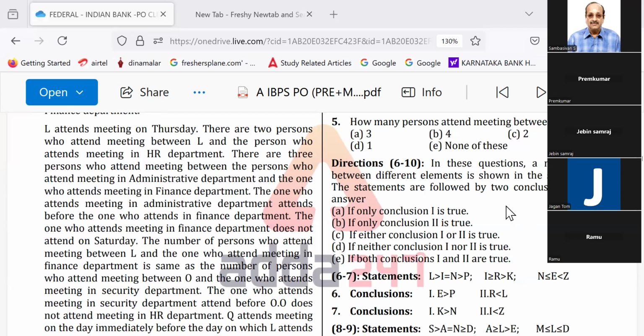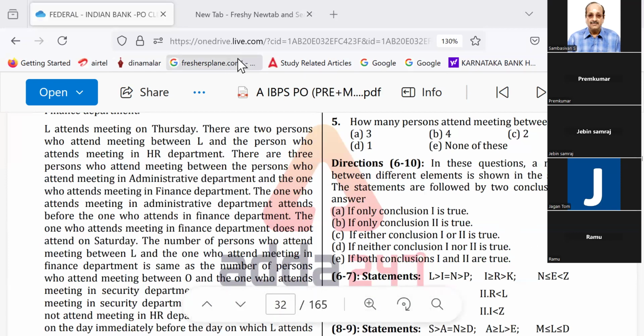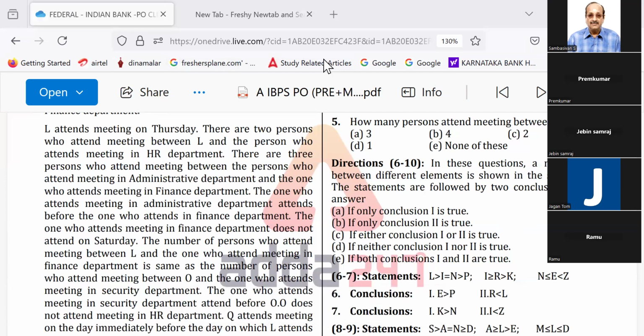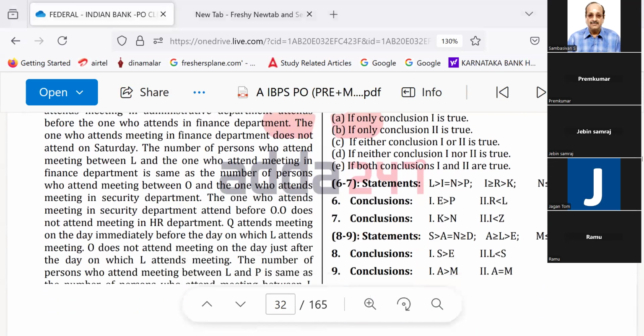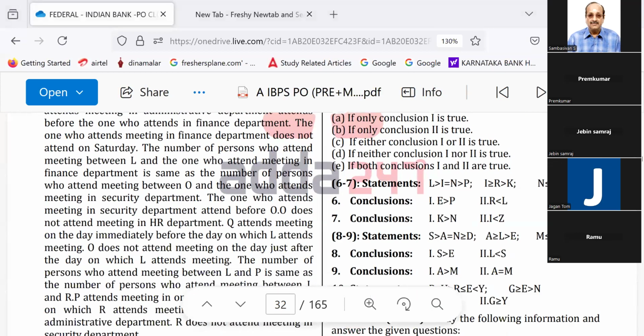A is if only conclusion 1 is true, B is if only conclusion 2 is true, C is if either conclusion 1 or 2 is true, D is if neither conclusion 1 nor 2 is true, and E is if both are true. So please take up the questions given.